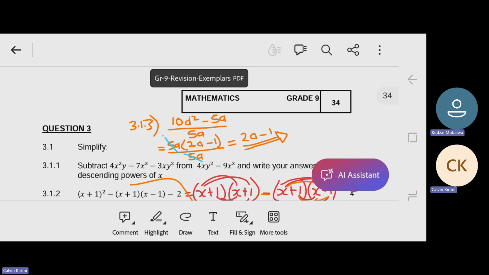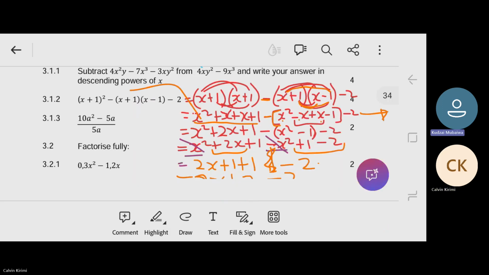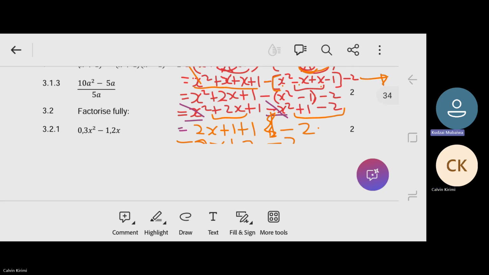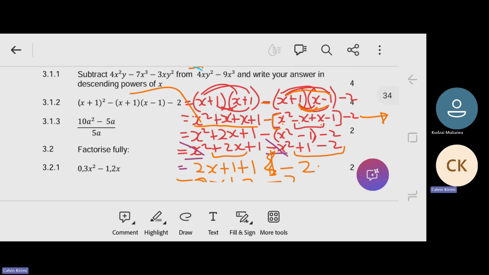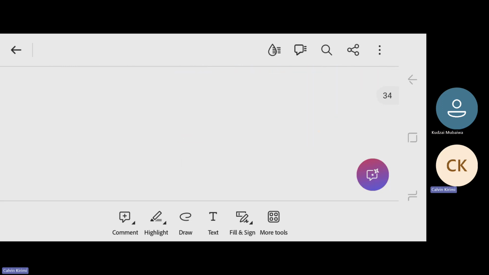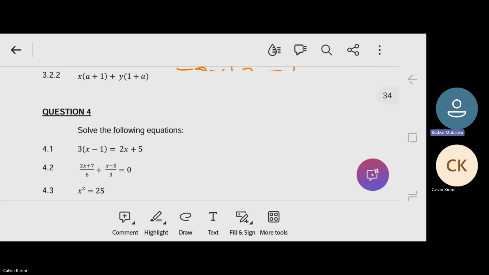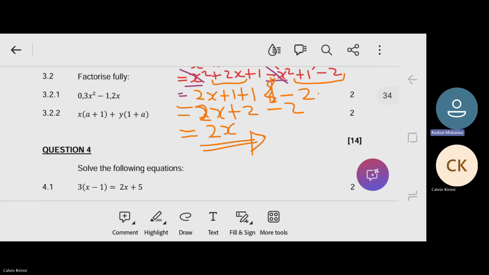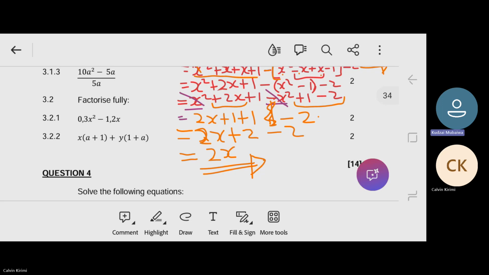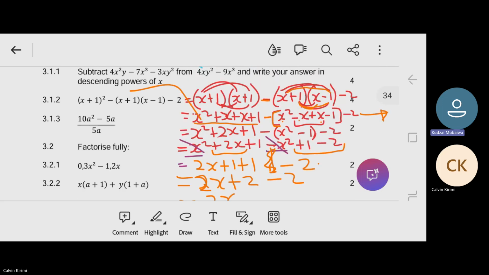All right, so let's continue from where we stopped. Did you manage to do number 2.2? You managed to do number 3.21, the one I said you can complete. Oh, you said two questions, so I did questions 3.1, 3.13, 3.2.1, and 3.2.2.